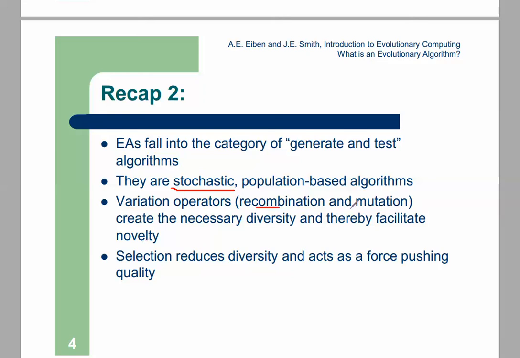For example, recombination, mutation. Also, we have diversity. Diversity is a change in, for example, the gene, in the solution, in the children, and selection may reduce the diversity, and it causes some problems such as local optima.